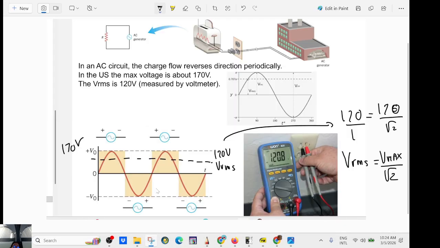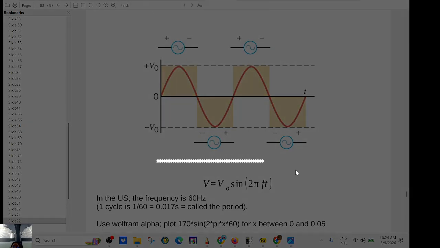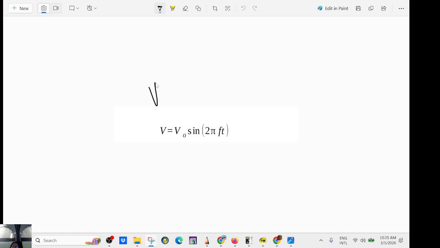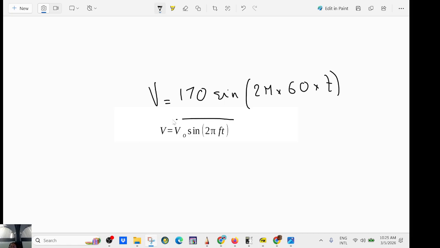And in the US, the frequency is 60 hertz. So in the US, the maximum is 170 sine, you always have 2 pi, and you always have the frequency, which in our case is 60, and here you always have the time. So this is the general equation for a sine wave.